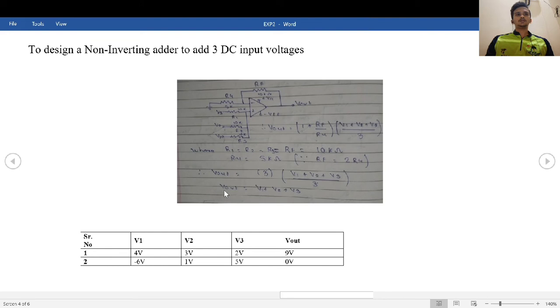So our output will be V1 plus V2 plus V3, as this combination 1 plus Rf by R4 will become 3, and with this 3 gets cancelled, and our output expression will be V1 plus V2 plus V3. So we'll check the condition for this, where V1 will be 4, V2 will be 3 volts and V3 will be 2 volts.